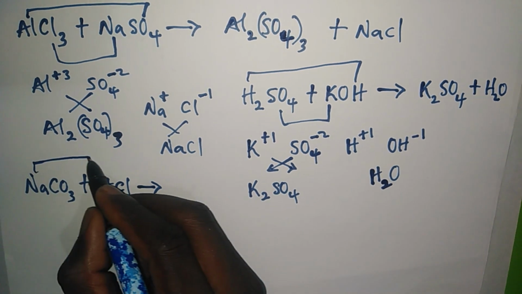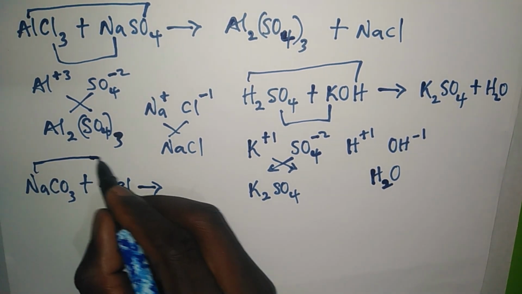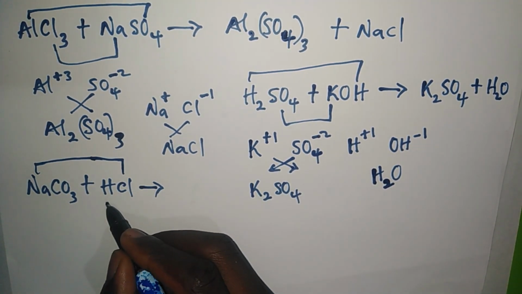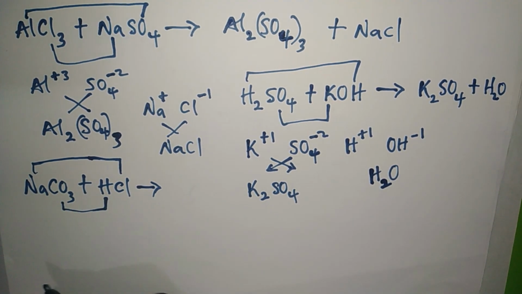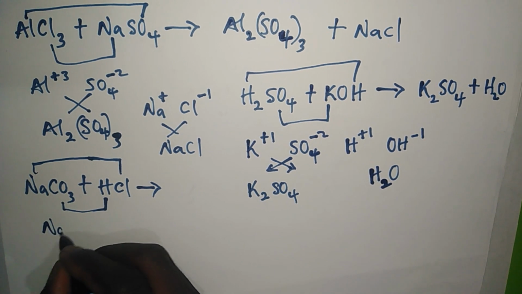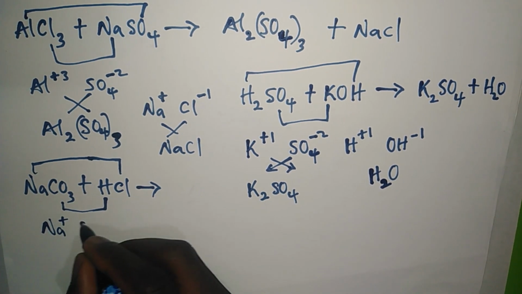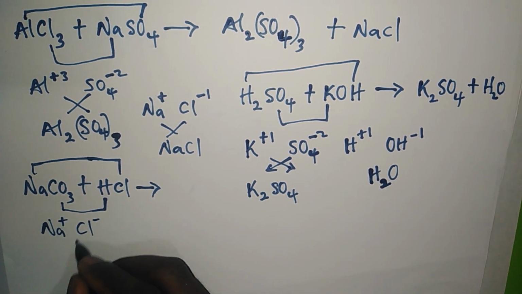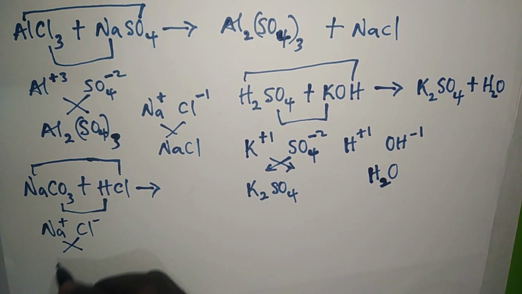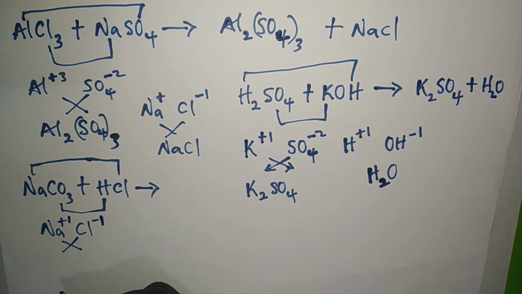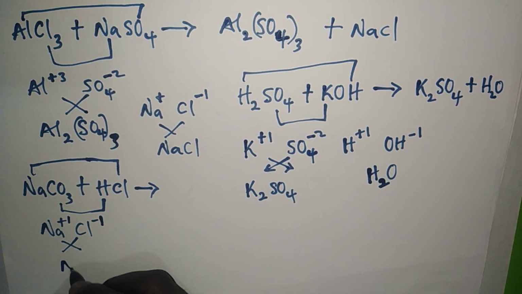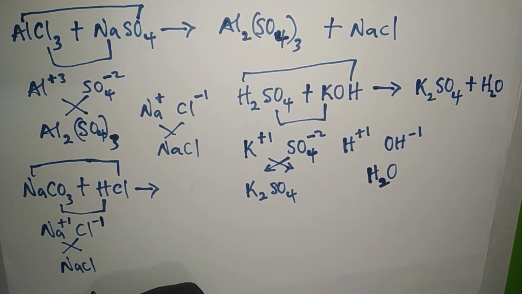Sodium will react with chlorine and hydrogen will react with carbonate. So sodium has a +1, chlorine has -1. So if you cross them, you still have the same thing. So you put it on a 1:1 ratio because their charges are the same. So you put sodium chloride.